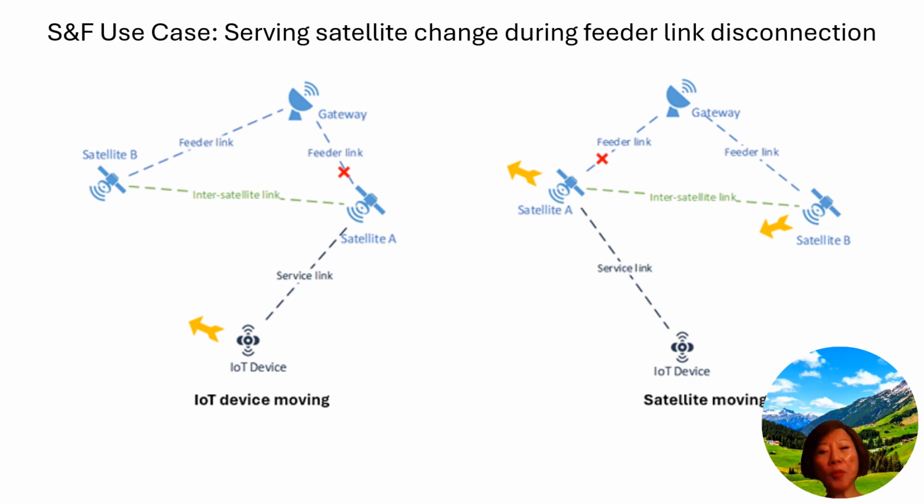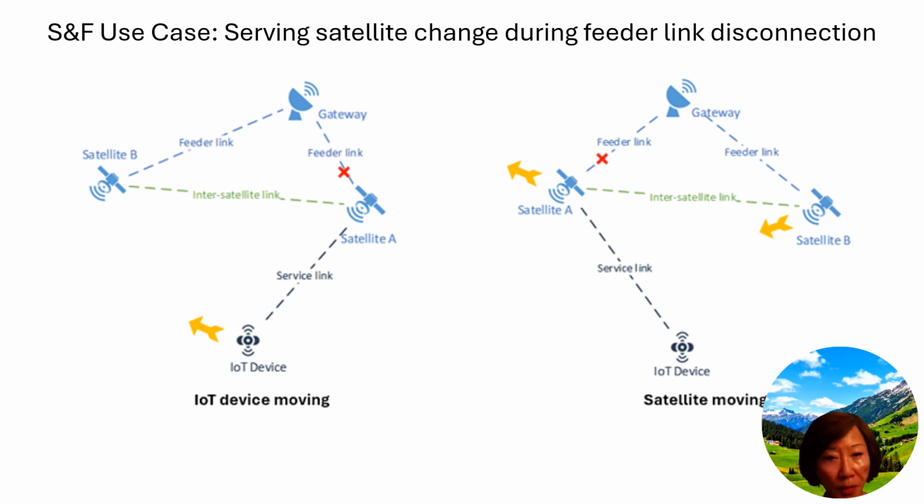So in both cases, the inter-satellite link between satellites A and B is crucial. It allows for the forwarding of stored data from one satellite to another, ensuring continuity of service, which is a requirement, and eventual delivery of the IoT device's data to the ground network.